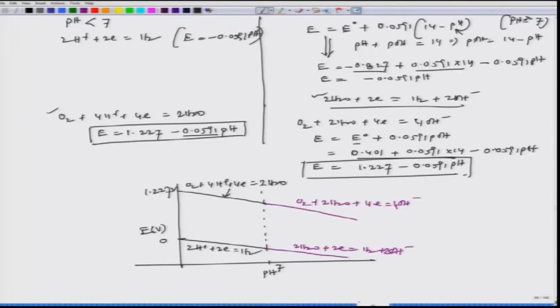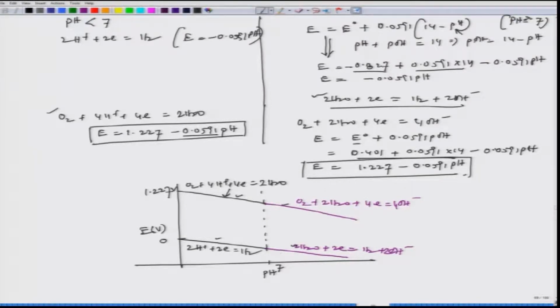If we go back to our last lecture, we saw two lines. One belongs to lines involving O2 and one involved H2, rather evolution of H2. Now, we see that this is one line, this is second line, third, fourth.